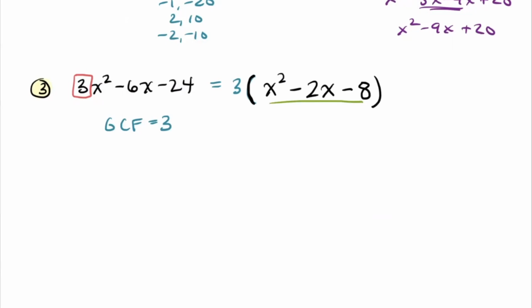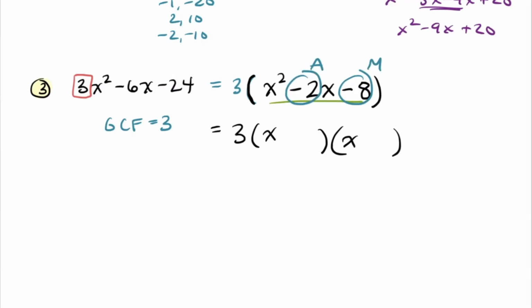So we're going to look for some numbers that will multiply to -8 and then add up to -2, and this will split into two binomials, x and x. And let's see, multiply to -8. Oh, we've got to have opposite signs, right?